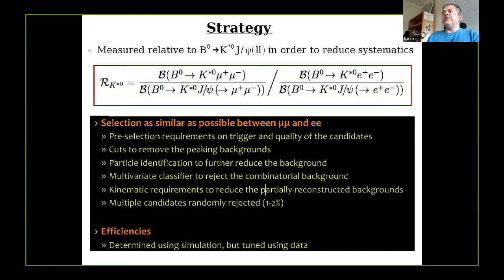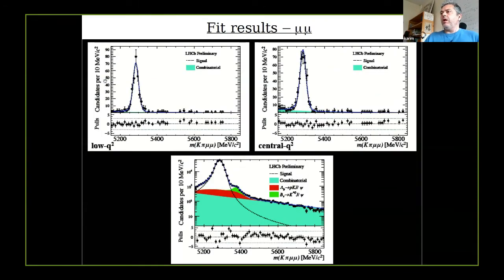It has exactly the same final state as the B to K star mu mu or B to K star ee that I was talking about. So what you do is a double ratio, in fact. You have the known branching ratio used, and you use exactly the same final state decay. And this double ratio allows you, in fact, to access R_K star without any problem.